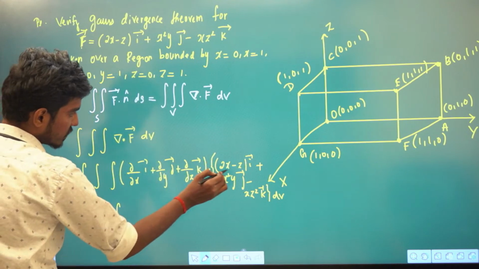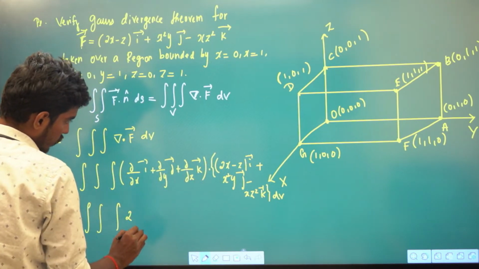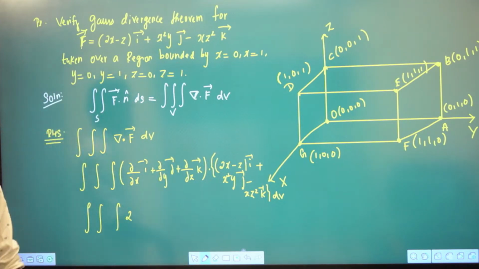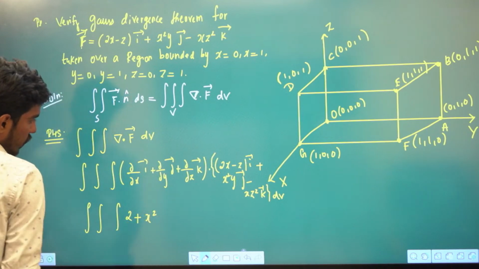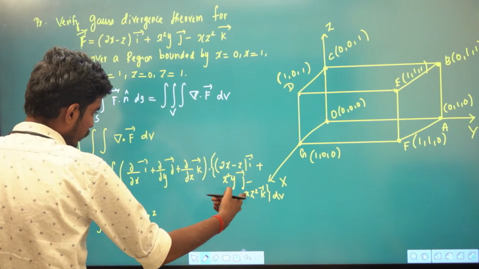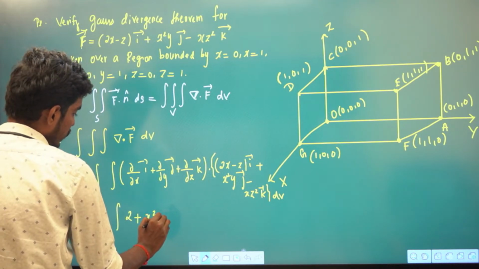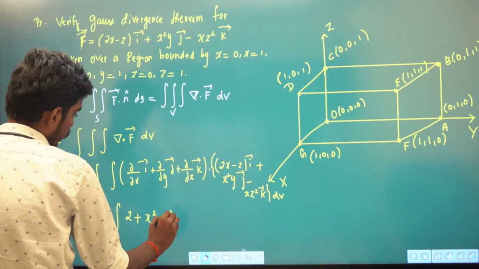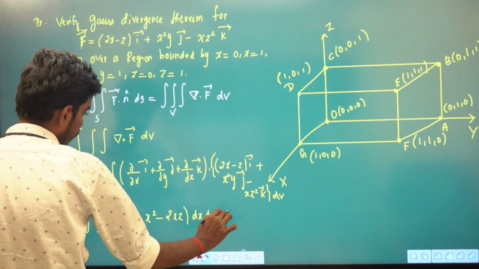So dou by dou x of this is 2. Dou by dou y of x square y is plus x square. Now dou by dou z of this is minus x is constant, so minus 2xz, dx dy dz.